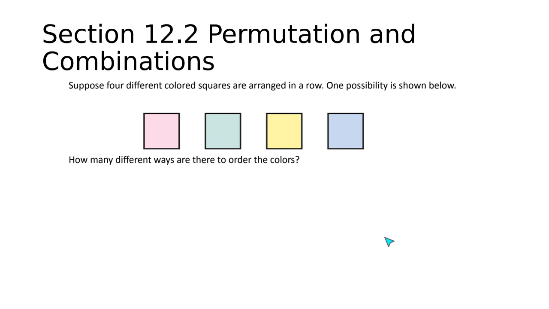Okay, so now we're going to go into a little bit of permutations and combinations. So suppose you have 4 different colored squares and you put them in a row. This is one possibility. How many different ways are there to order the colors?